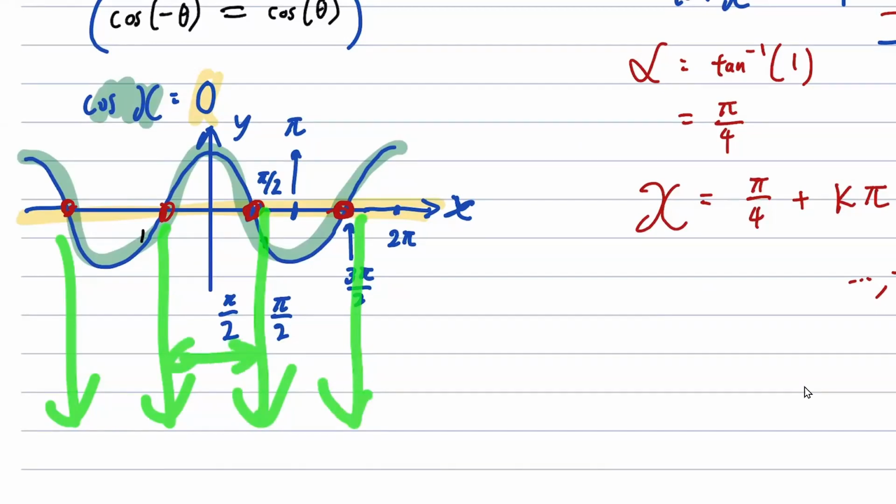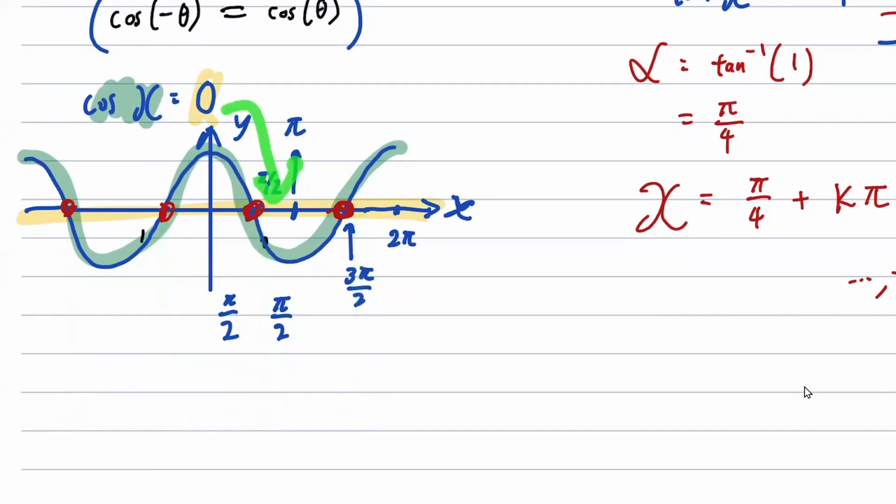What's the distance though? Remember, it's symmetrical. If here is positive pi by 2, there will be negative pi by 2. So what's the distance between negative pi by 2 and pi by 2? Pi. Big minus small. It's just pi, exactly.